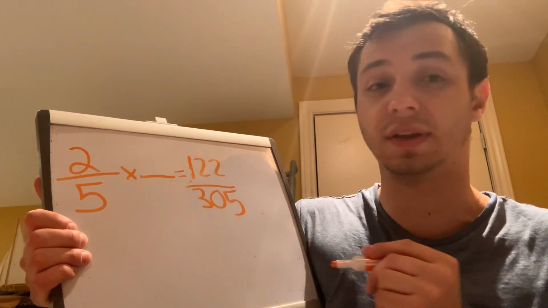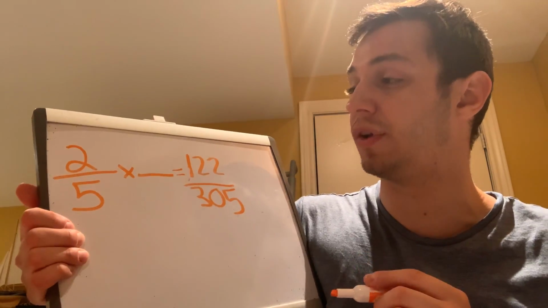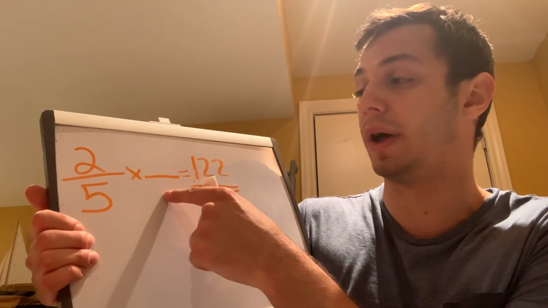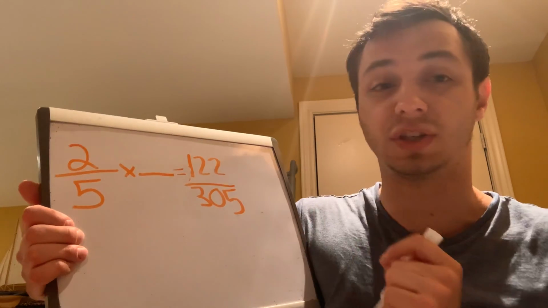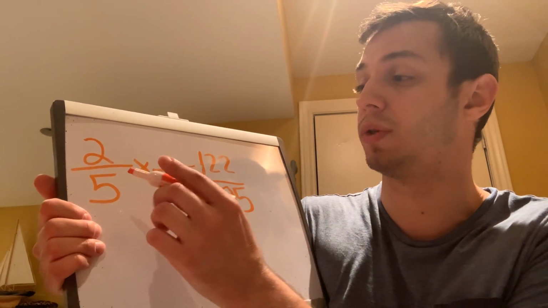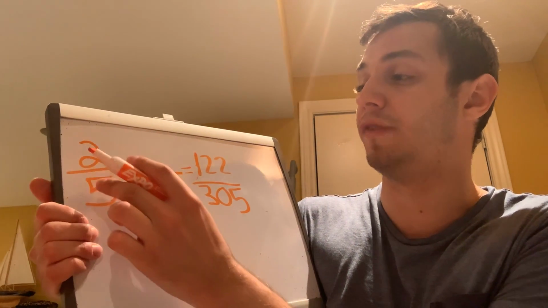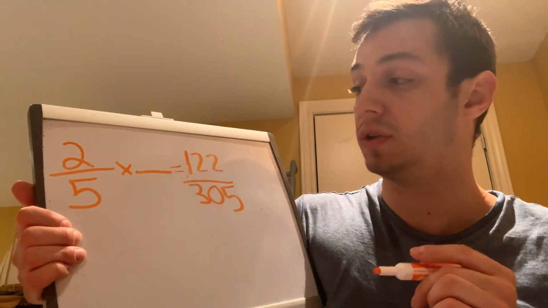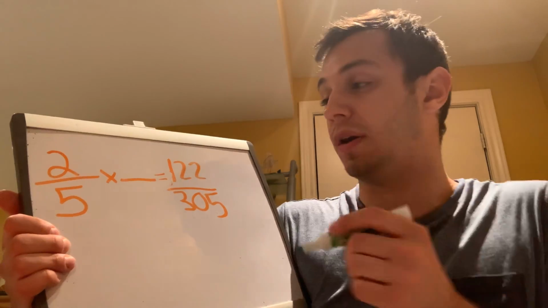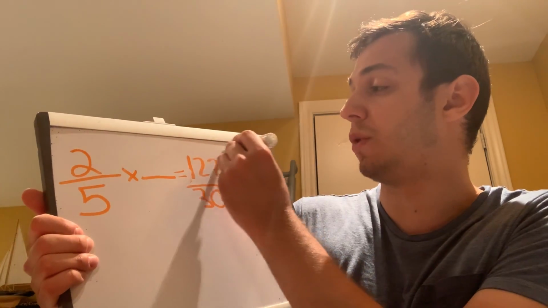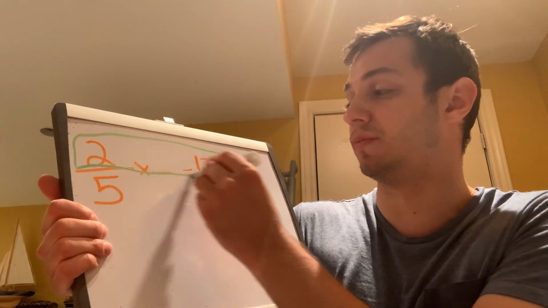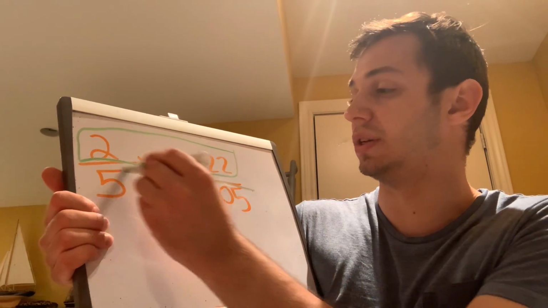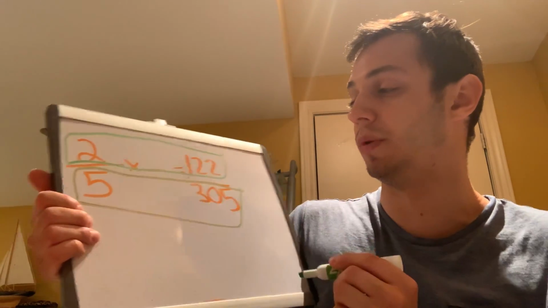So just like we did in part 2, we have to figure out what number we're multiplying the two fractions by. So I have to figure out what am I multiplying 2/5 by to get to 122 over 305. So just like we did in our example problem, I'm going to change this into a division problem, and then I'm going to change this also into a division problem.